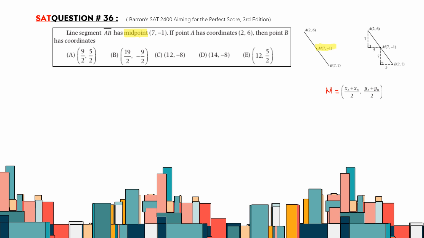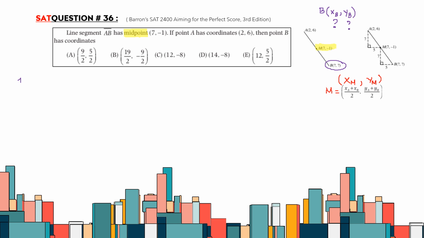We call this one x of M and this one y of M. Now to solve this question, we're working with two different values. Point B will have x of B and y of B, so this is one question mark, this is another one.